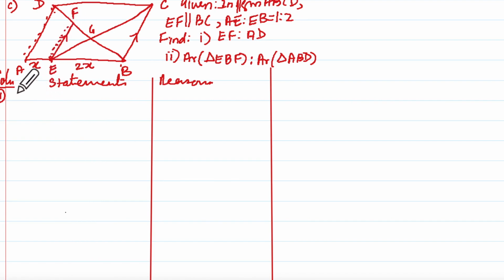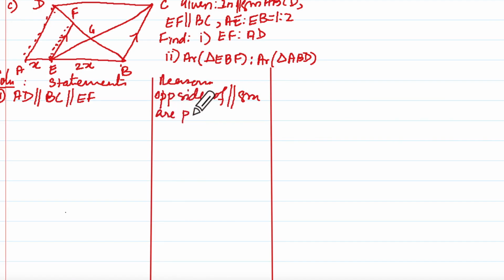You will say AD parallel to BC parallel to EF. Okay, I'm going to write all three together, and what you'll say is that opposite sides of a parallelogram are parallel, and given.